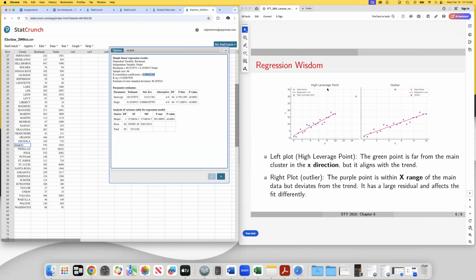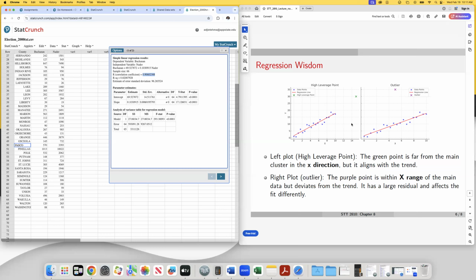The first one on the left, the one in green here, is a high leverage point. Why is it a high leverage point? Now you can look at the X plane here. You can see most of them are here, but this is 10. It is far from that. It's like 15. You see, it is far from that.